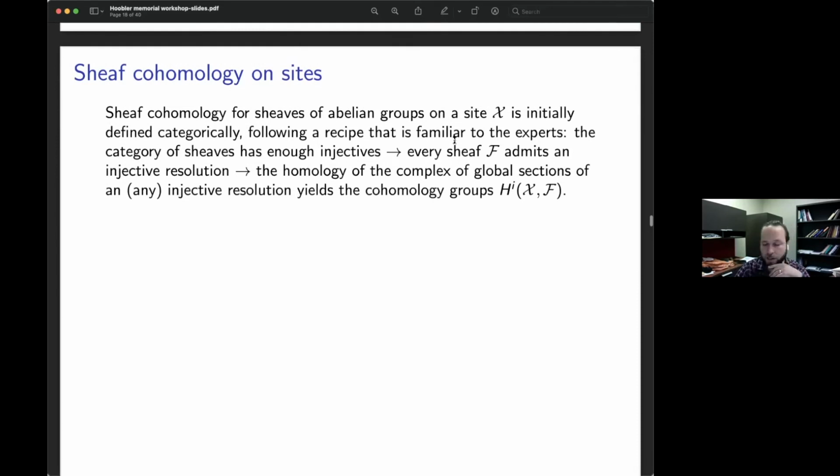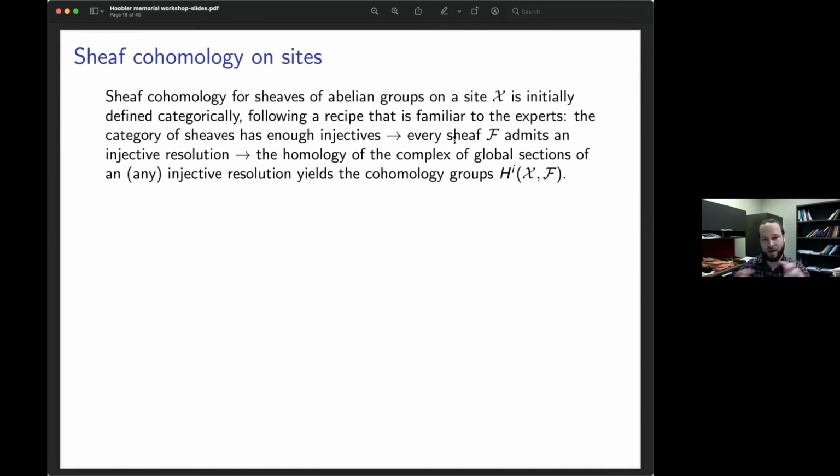And yet, if you look at the cohomology of the complex of global sections of that injective resolution, whatever that is, you get some groups, actual honest groups. And if you had taken some other injective resolution, you end up getting the same groups. So the cohomology groups are well defined for a sheaf on a site.